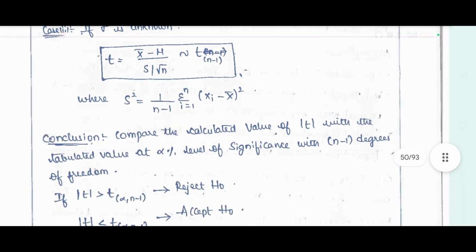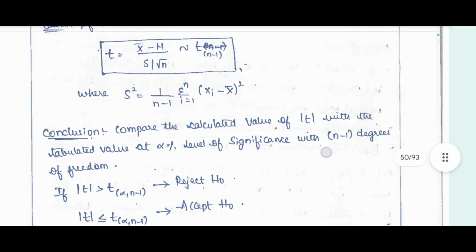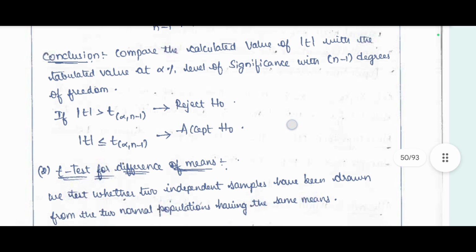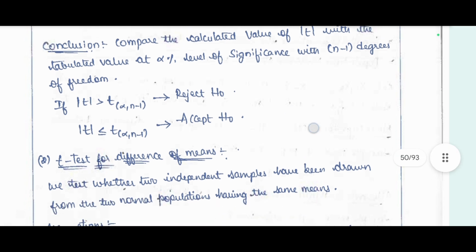Here is your conclusion: compare the calculated value of t with the tabulated value at alpha level of significance with n minus 1 degrees of freedom. If the calculated value is greater than the tabulated value, then we reject H naught, otherwise we accept H naught.